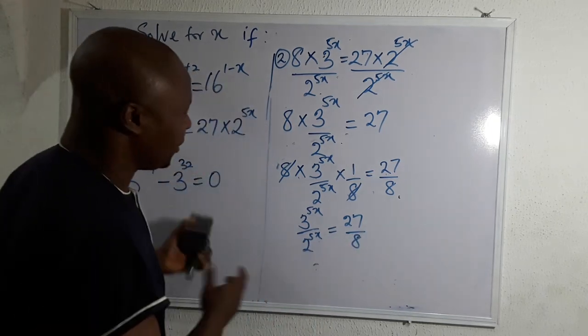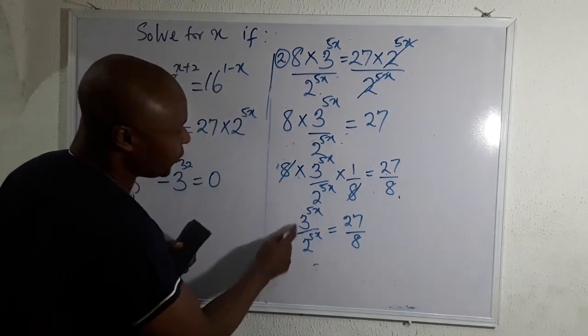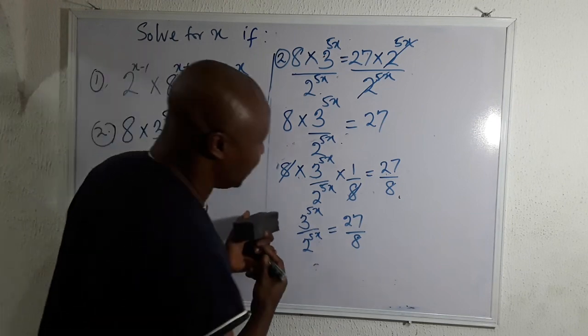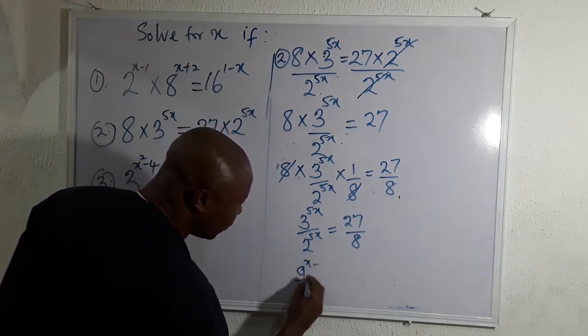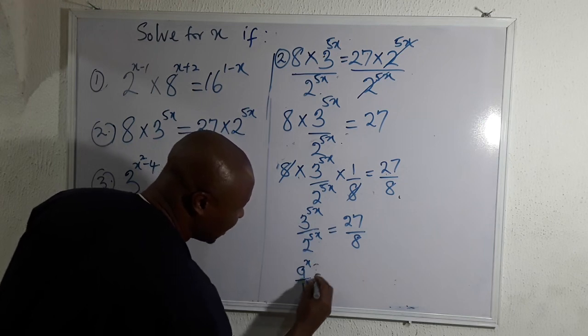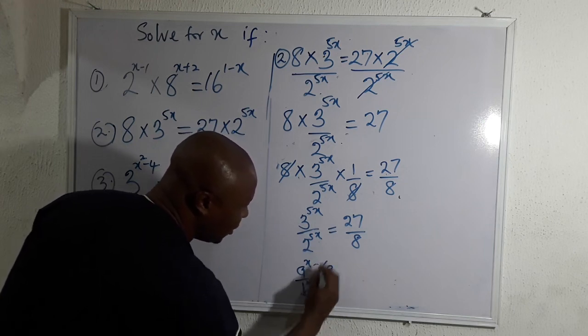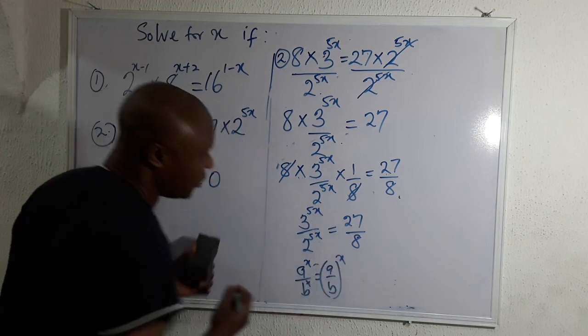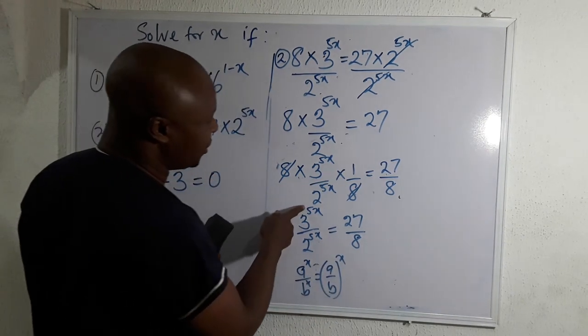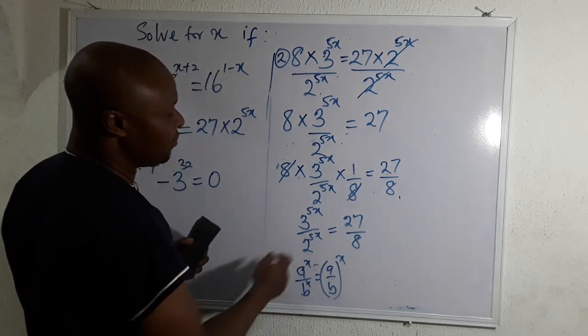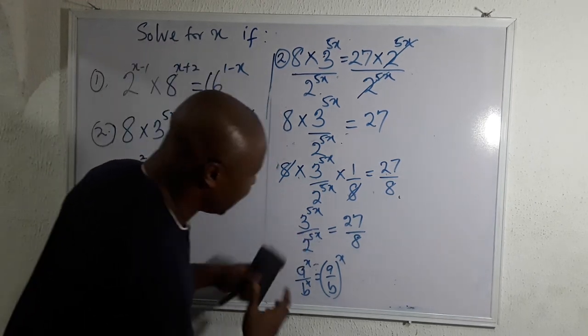Now again, we can apply one of the laws of indices that says that a raised to power x over b raised to power x can be written as a over b all raised to power x. Since the power of the numerator is 5x and the power of the denominator is 5x, we can regroup that and apply this law.